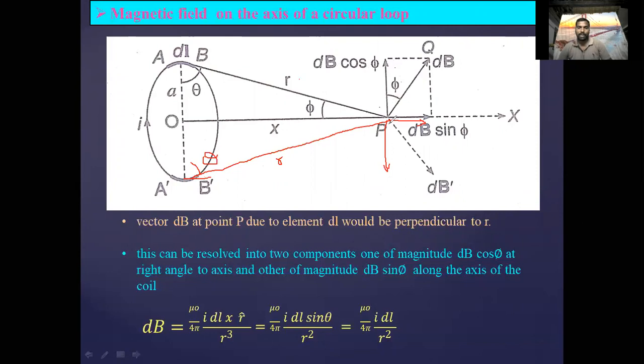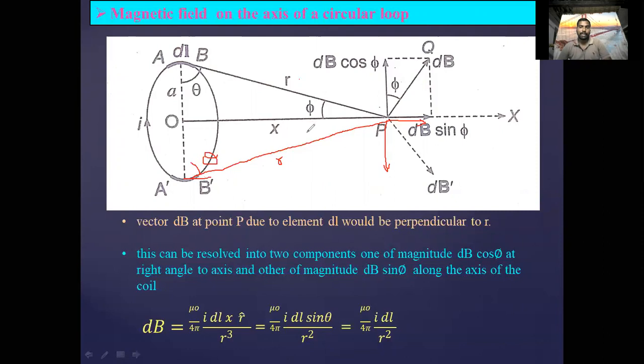and only the magnetic field due to the horizontal component of the coil remains. According to Biot-Savart law, dB is the magnetic field due to a small elemental dl, that is equal to mu naught I by 4 pi dl sin theta by r square.